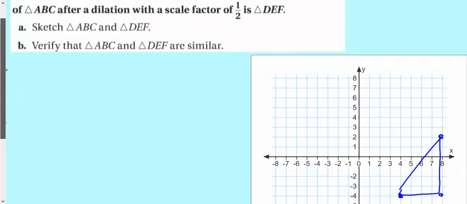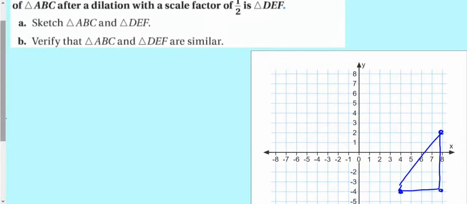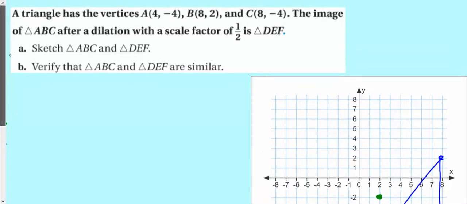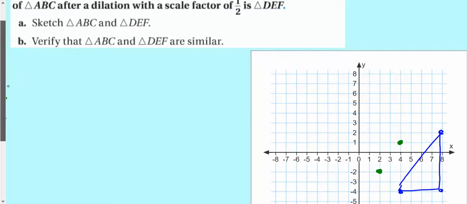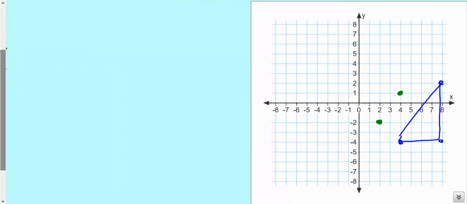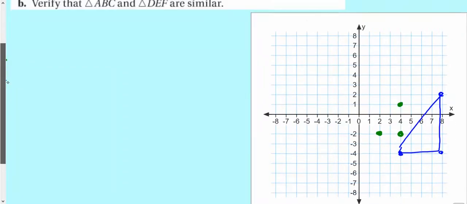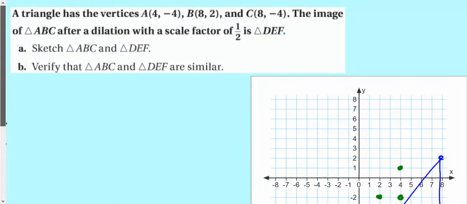So that'd be (2, -2). I'm going to use a different color here. (2, -2) for my image. And then (4, 1). And then (4, -1). Is that right? Nope. (4, -2).